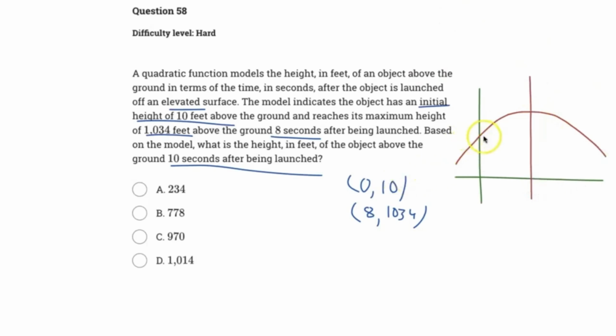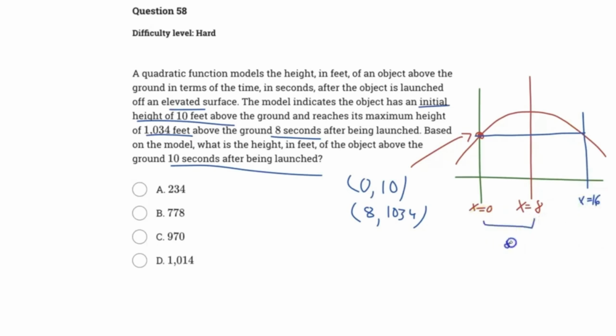So if you were to think about this as (0, 10), and we think about the axis of symmetry as x equals 8, we know that everything is symmetric, right? So if this is x equals 0, and then this is x equals 8, then this value over here, when it returns back to the starting value, that has to be x equals 16, right?